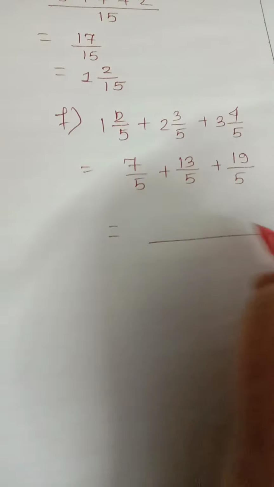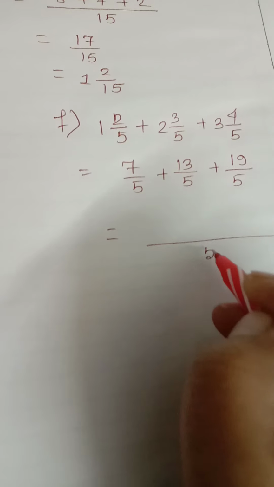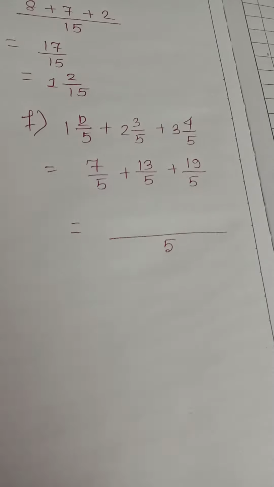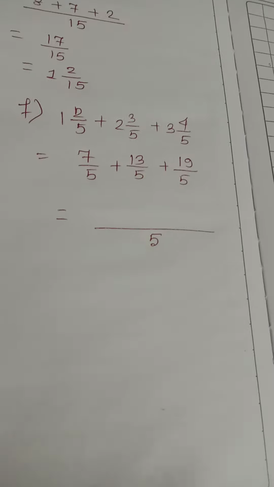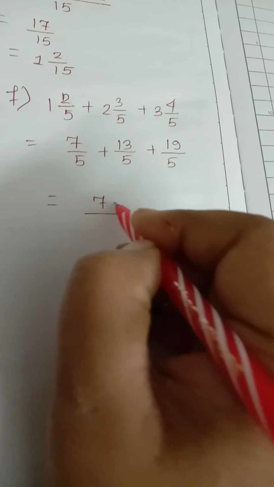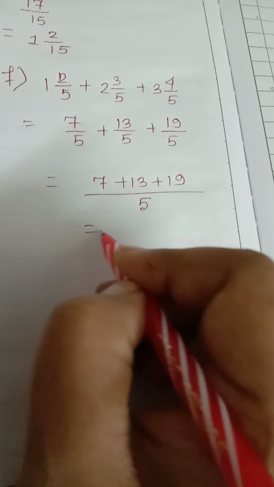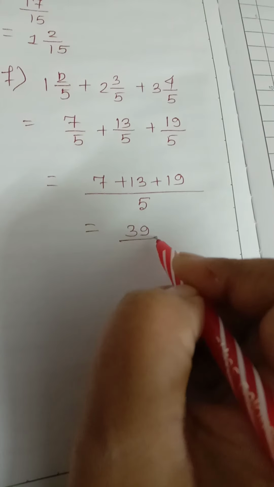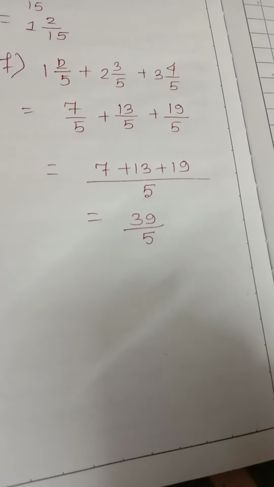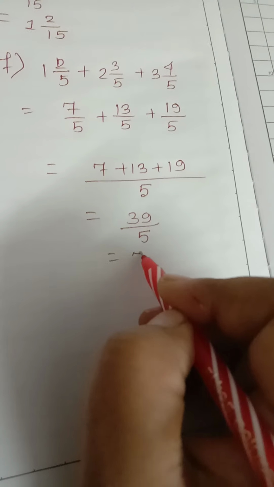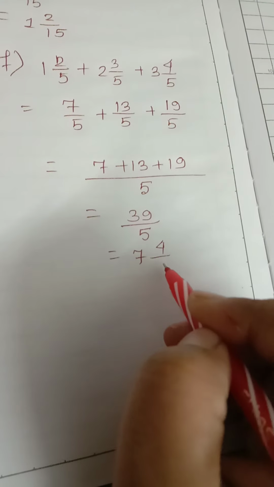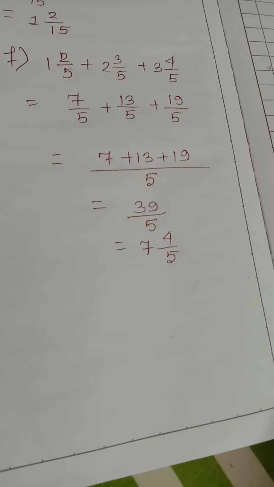Now my dear children, you can see the denominators are 5. So we'll write 5. Now we'll add the numerators, 7 plus 13 plus 19. It gives you 39 by 5. 5 sevens are 35. So 7 whole 4 by 5.